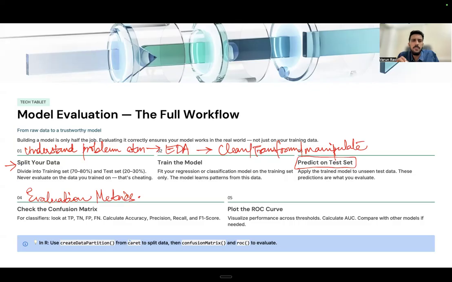Now, what is evaluation metric used for? Okay, so here you have things like RMSE, root mean squared error, MSE, mean squared error, MAE, mean absolute error. You have accuracy, you have precision, recall, F1 score, R1, etc. So all these are evaluation metrics only.